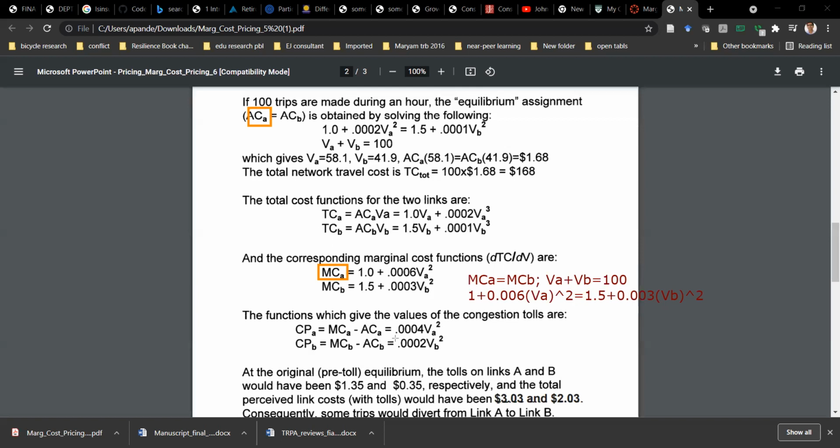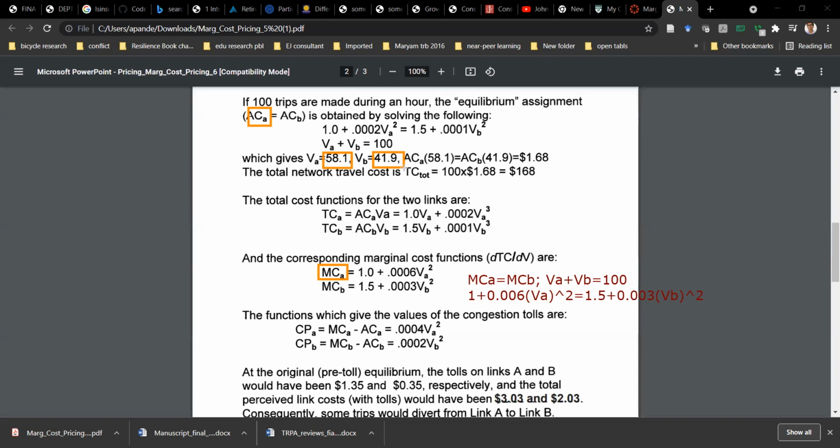Okay, so now think about how this application might work. You'll have your user equilibrium principle going on, and then there would be 58.1 users on route A and 41.9 users on route B. So you'll start the toll based on these numbers.